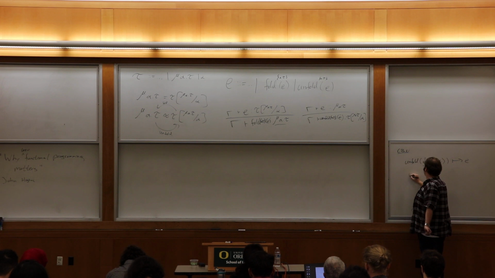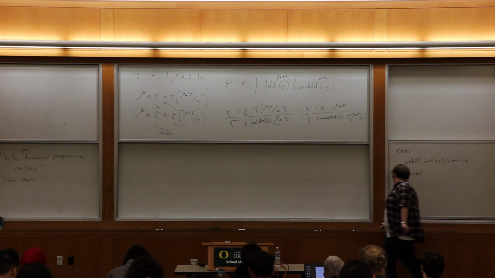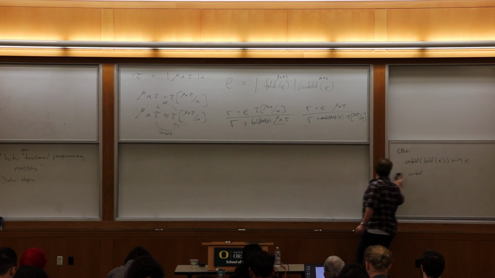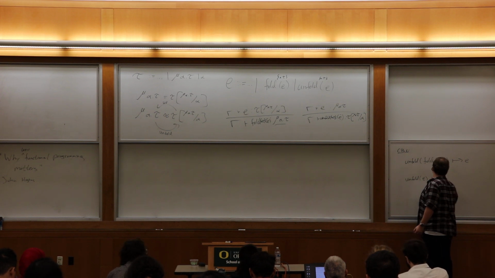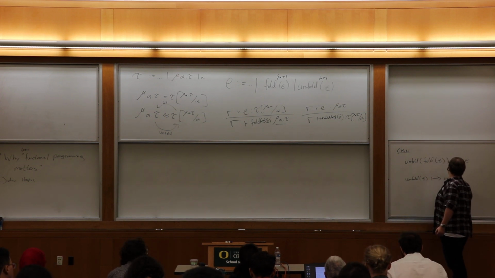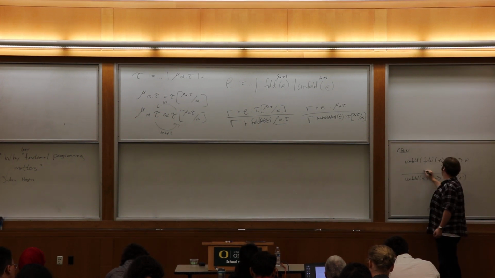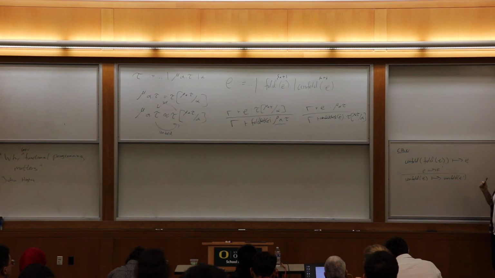Well, I'll need to say that if I want to unfold something, unfold E goes to unfold E prime if E goes to E prime, and that's all I need.